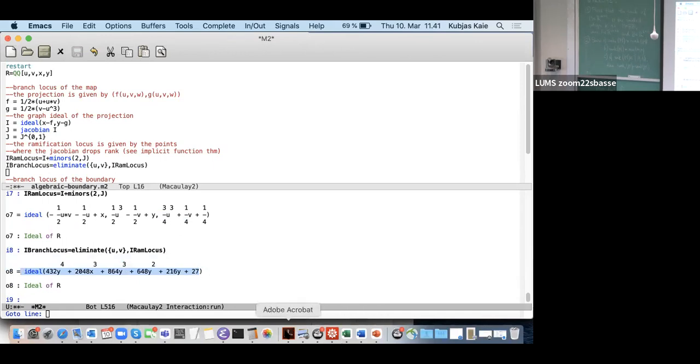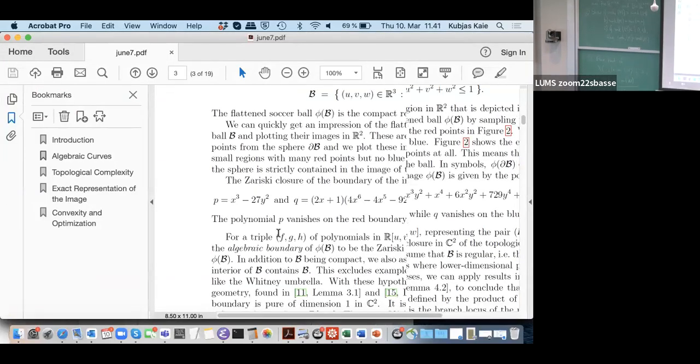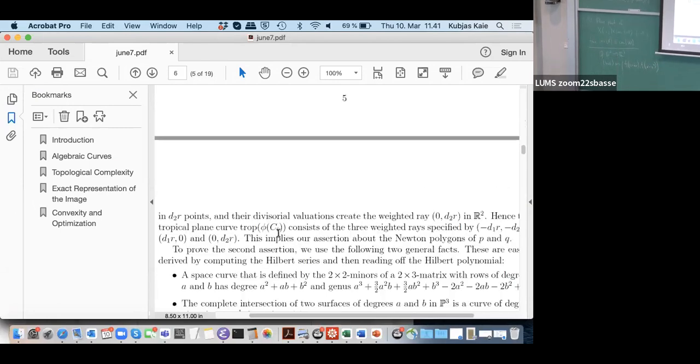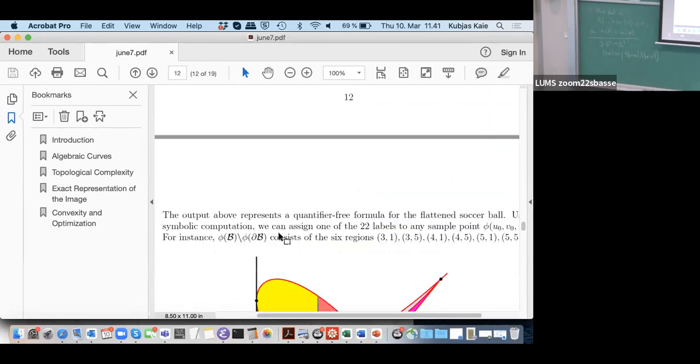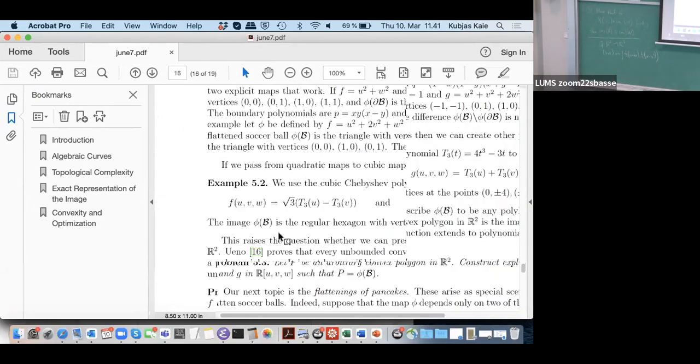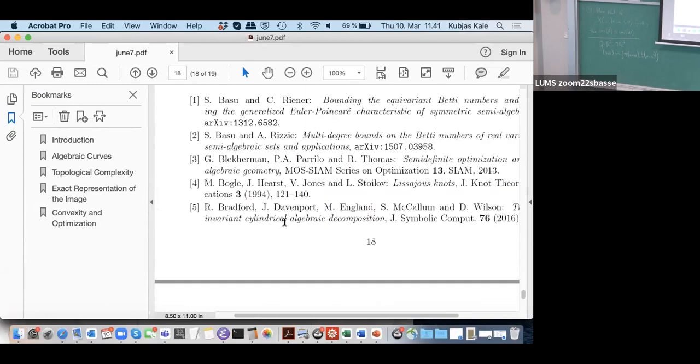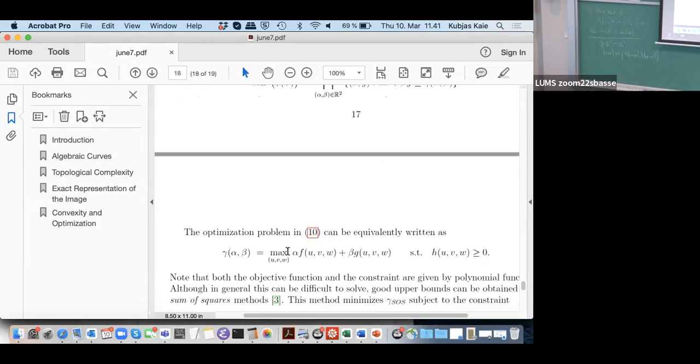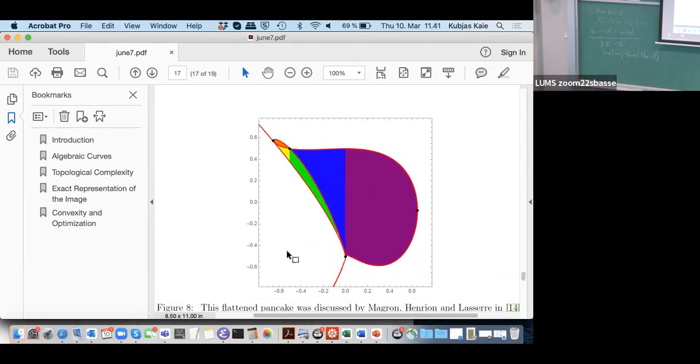Let me see if I have the picture open still. So you can see lots of colorful pictures. Listed figure 8, right? So the one that we computed right now is this curve.